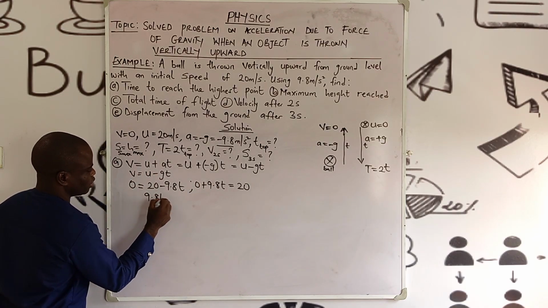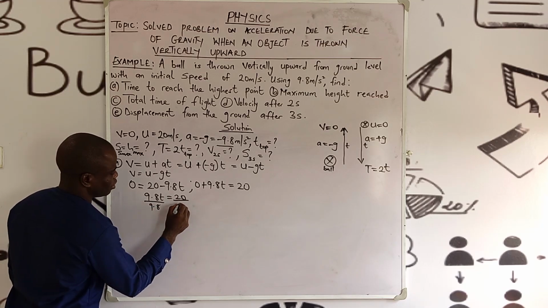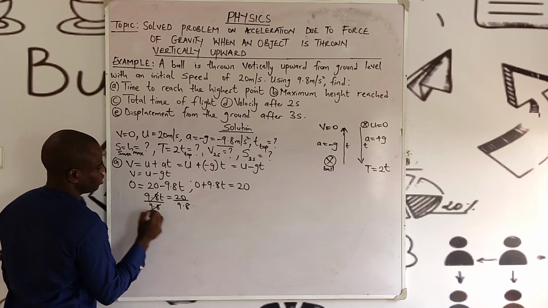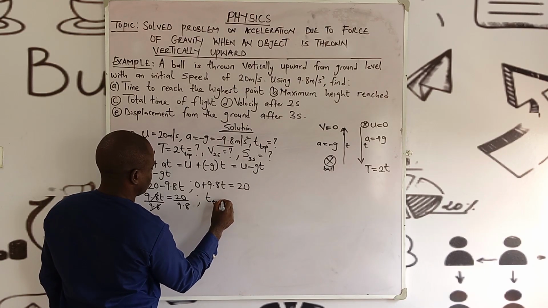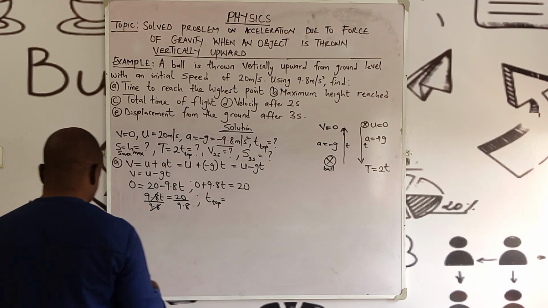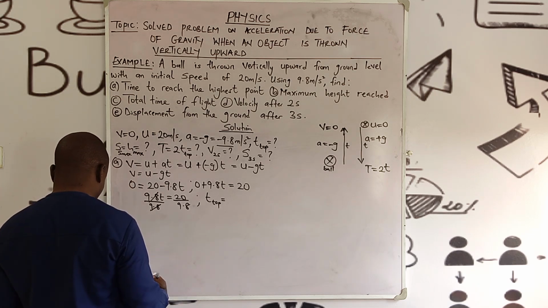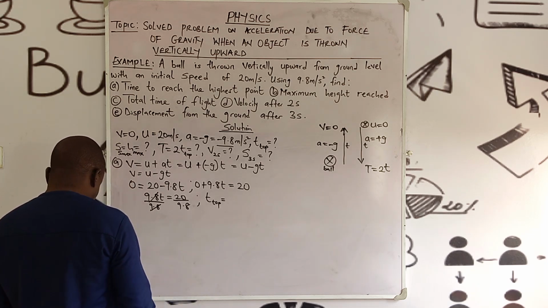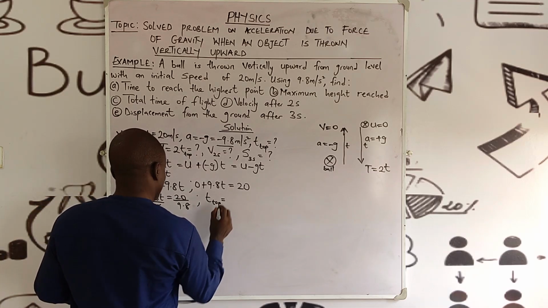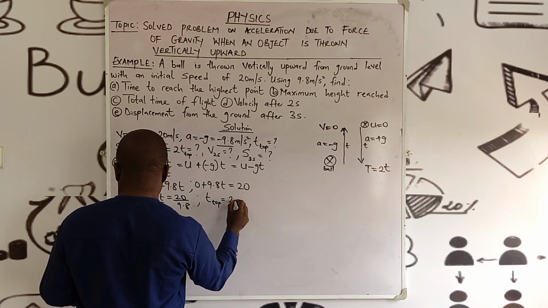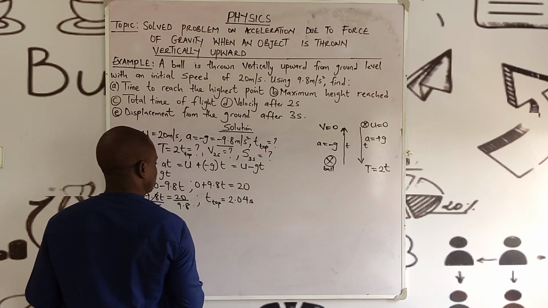That's 9.8 t equals 20. Divide both sides by 9.8. They cancel each other. Your t top now is 2.04 seconds.